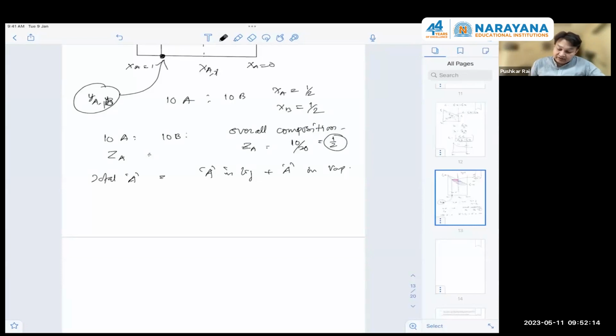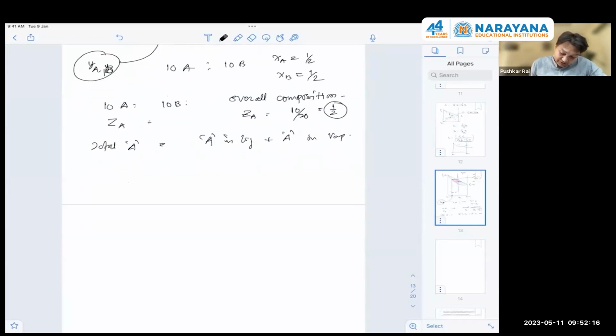Common sense. And this total A will be ZA into number of moles in liquid plus number of moles in gas, ZA into N liquid plus N gas. This must be equal to number of moles of A in liquid. How much is this? It is related to XA.